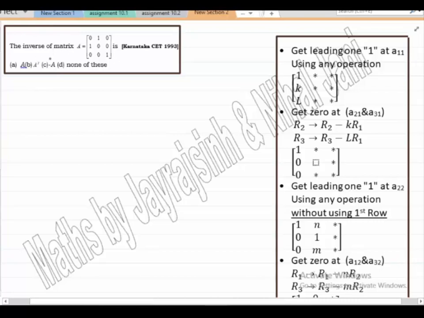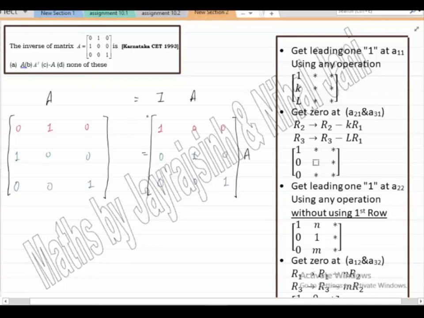In our next question, we have to find the inverse of this matrix. Actually, both 1 and 0 are there, so it won't be difficult, but we should follow the tradition. First step is to write in the form of A is equal to IA. Here it is. Now the first step is to get the leading one at A11 point. We have one, but it is not at A11 point, right?